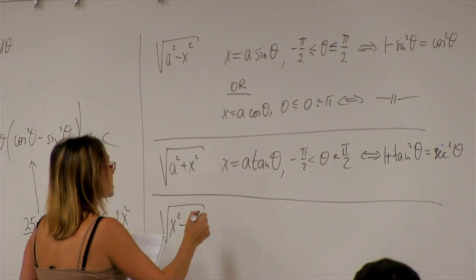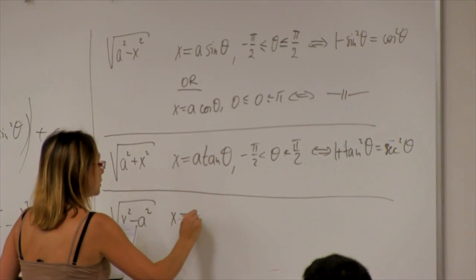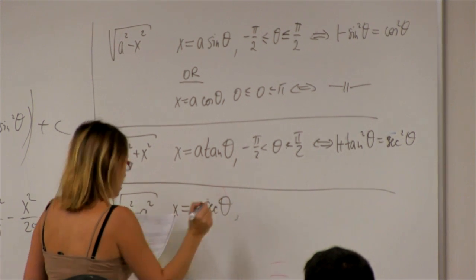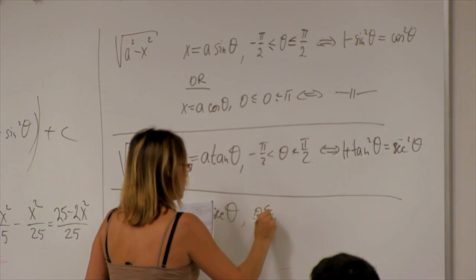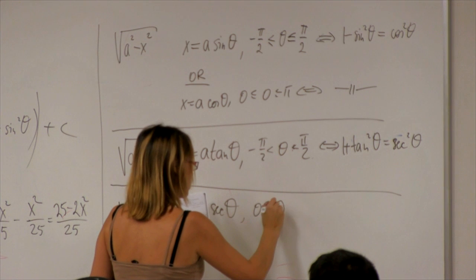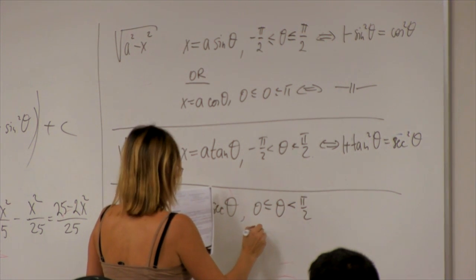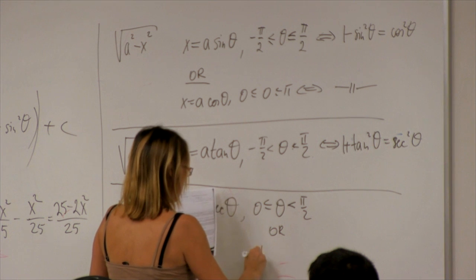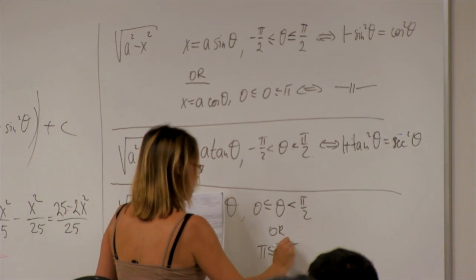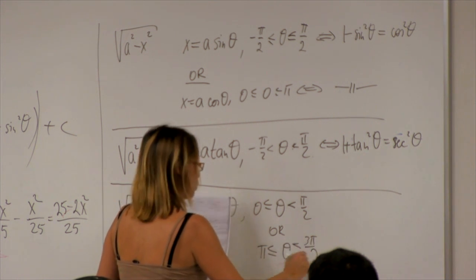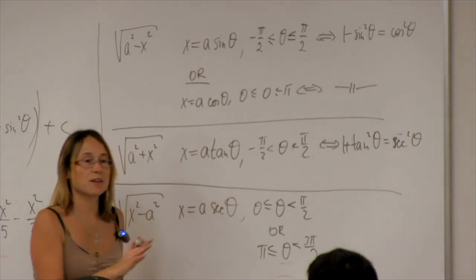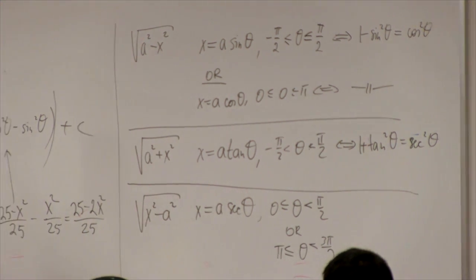Okay. So in this case, I use secant, where theta goes from 0 to pi over 2, or from pi to 3 pi over 2. These conditions, again, are here to be able to resolve the square root of square.